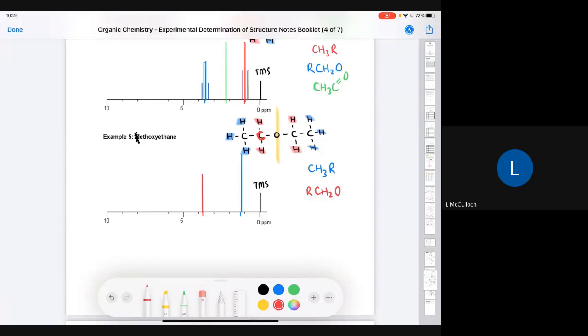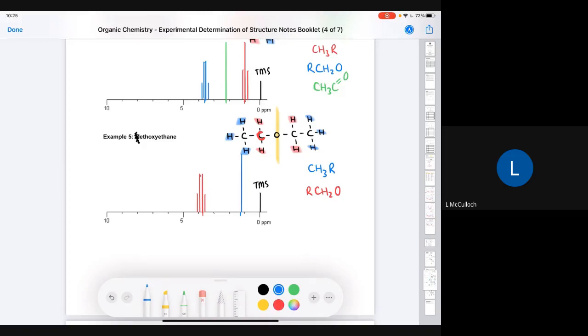And on the left-hand side, it's bonded to a carbon, and that carbon has 3 hydrogens attached. So we're going to use N+1, so there's 3 hydrogens on the neighbouring carbon, so that's going to be 3 + 1, which means that red peak is going to split into 4. So I'll do it like so.